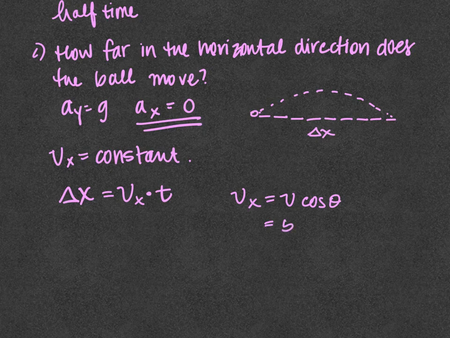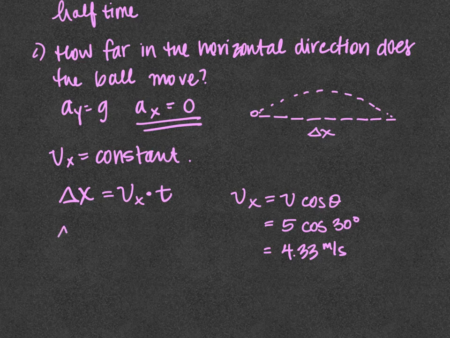So we have 5 meters per second from the problem earlier, and then cosine of our angle, 30 degrees. So this is equal to about 4.33 meters per second. So now I have the velocity to substitute back in, and this time will be the total time it's in the air.